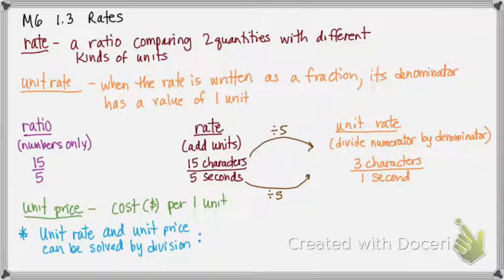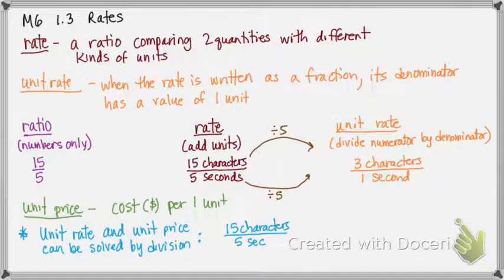So, for example, I found that in the 15 characters per 5 seconds, I said, oh, they both have a 5 in common, so I divided that out, and that got me down to 1 second in the denominator and 3 characters in the numerator.